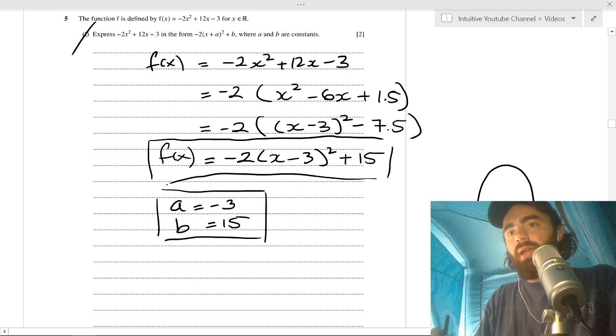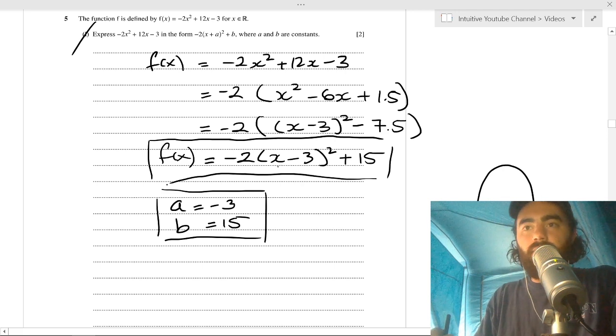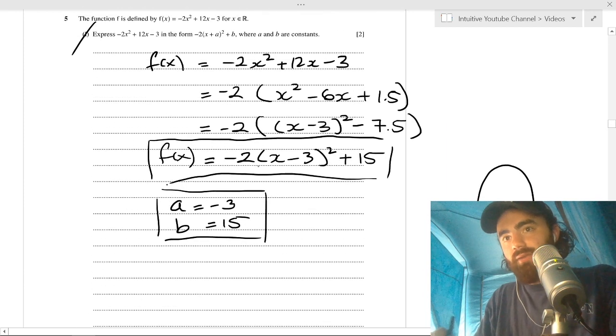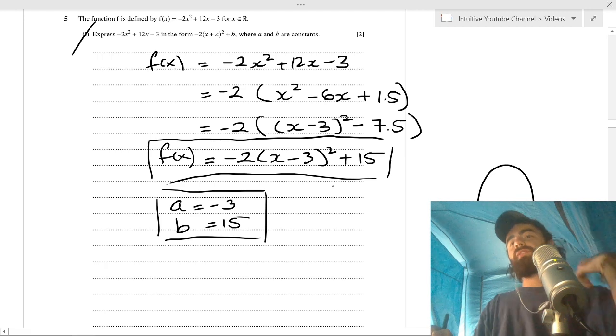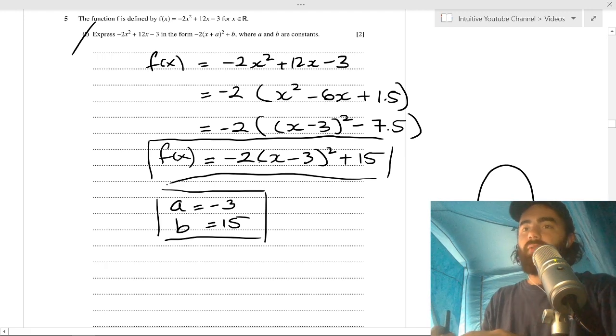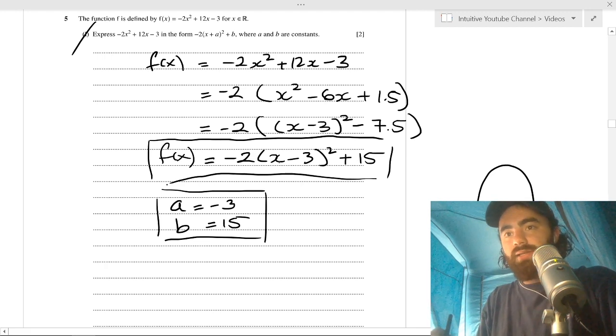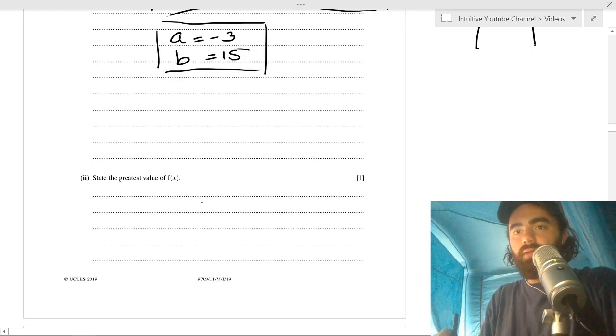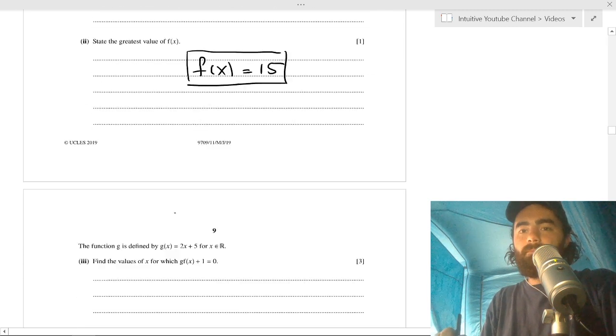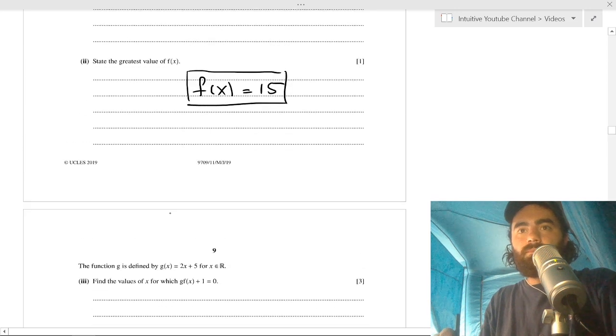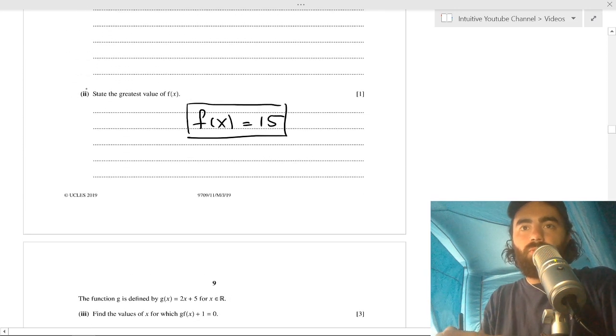Because any other value than that, let's say you put in negative 1, is going to give you a negative value here, and it's going to take off from this 15. So your maximum f of x is when x equals 3. When x equals 3, this thing equals 0, and your f of x equals 15. That's the greatest value. Cool.